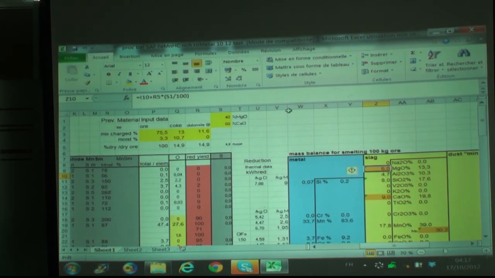And so these external data, of course, must be added separately. It may differ from manganese to ferronickel. For another, it will be different. So you will enter this separately from the main sheet itself.